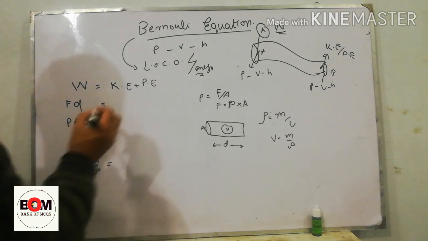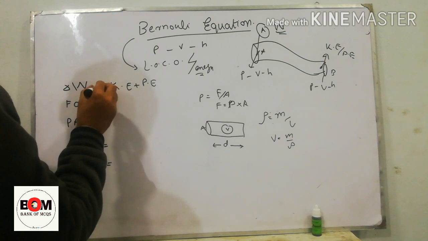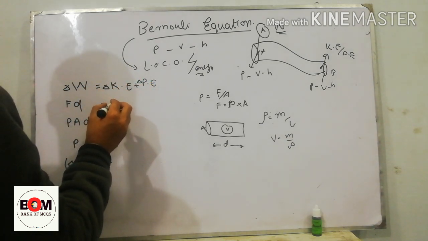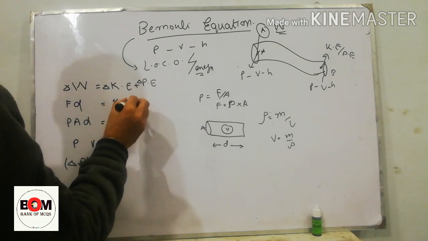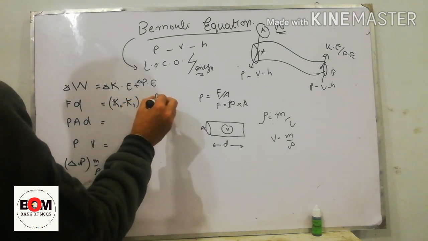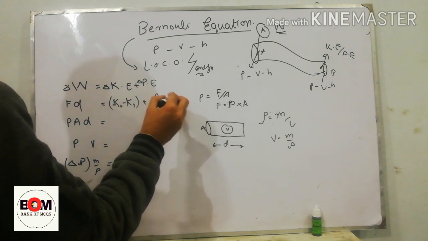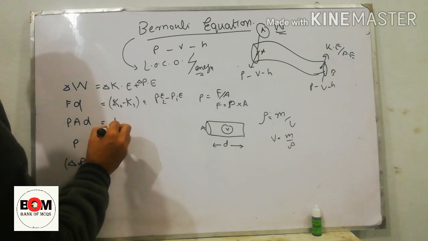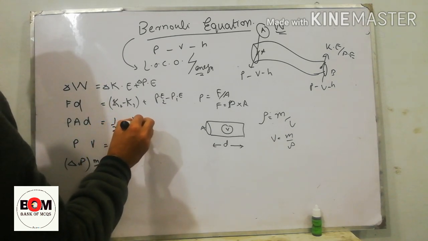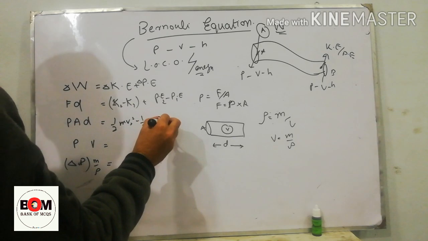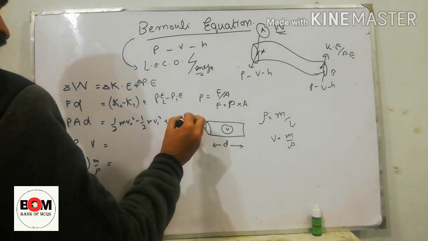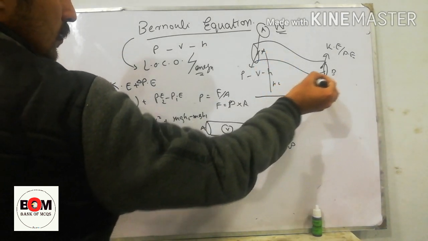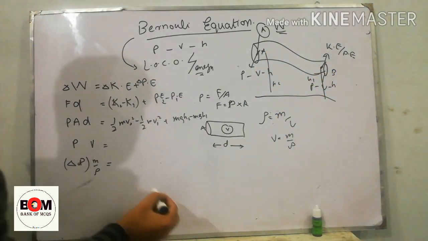Now the change in work done will be equal to the change in kinetic energy plus the change in potential energy. The change in kinetic energy is equal to K2 minus K1, plus the change in potential energy, P2 minus P1. K2 minus K1 is half m v2 square minus half m v1 square, plus m g h2 minus m g h1. This is h2, this is h1.